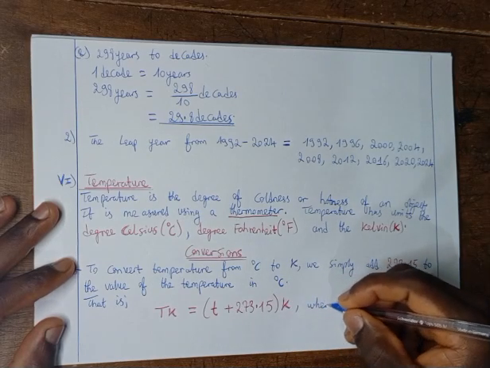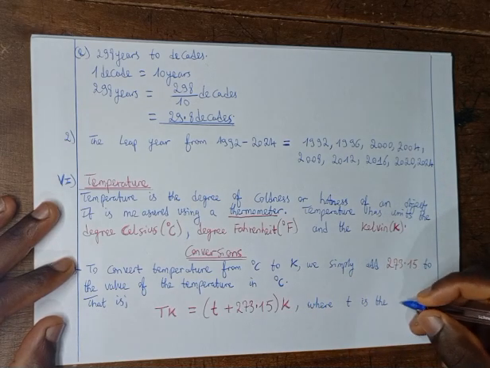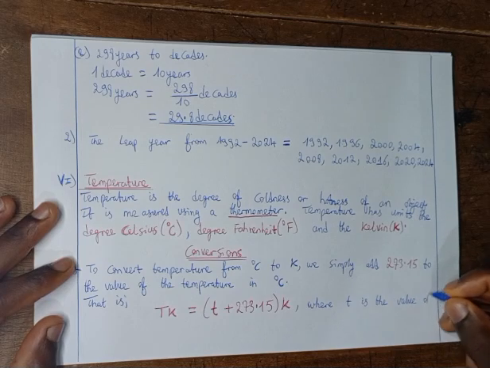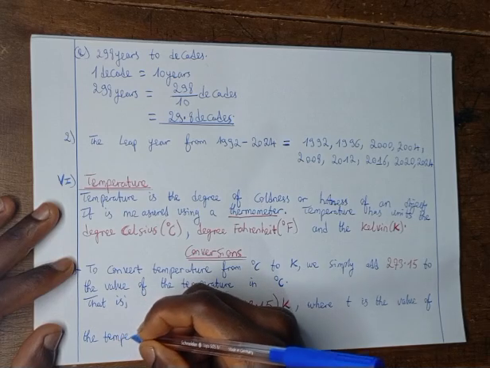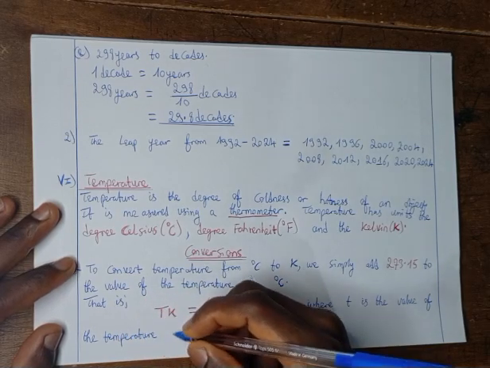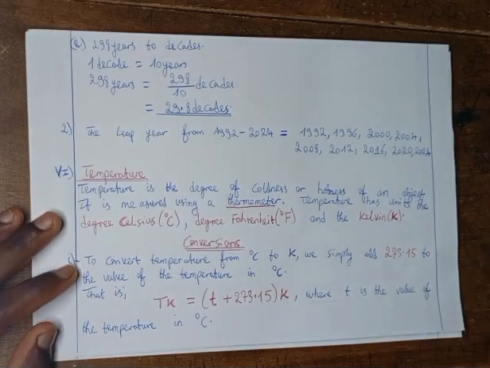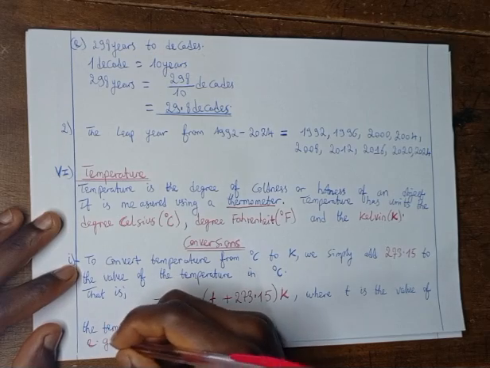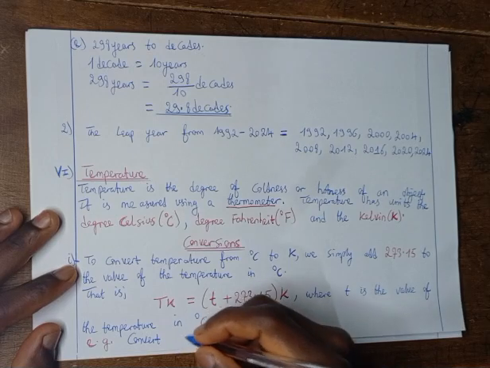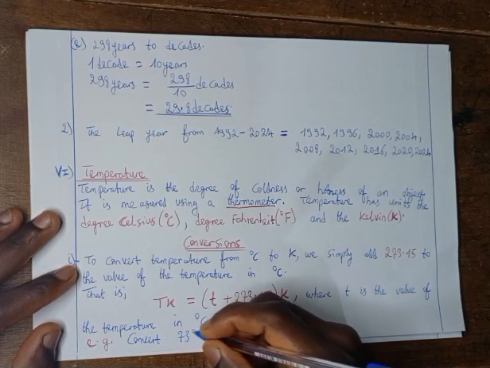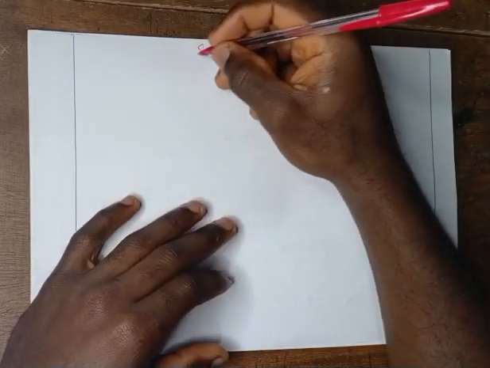Let's take an example: convert 73 degrees Celsius to Kelvin. Write down the solution.